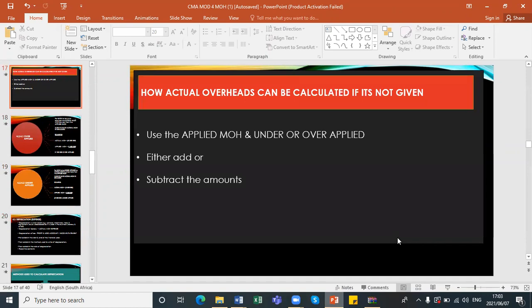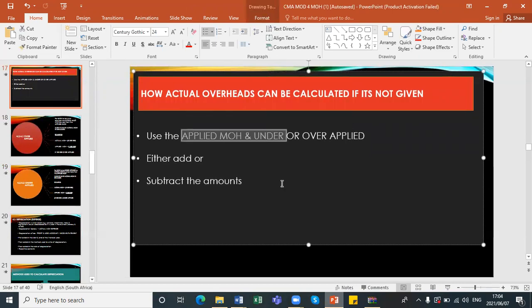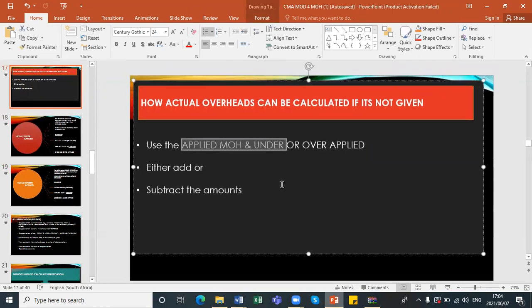Now, let's just say in some of these activities, they don't give you the actual overheads. Now, what do you use? To get to actual overheads, you must use two items. You use applied overheads and you use under or over applied. You must either add these two items together or you must subtract it.